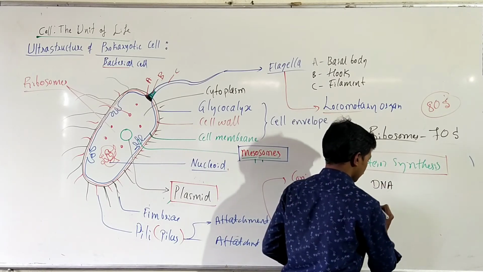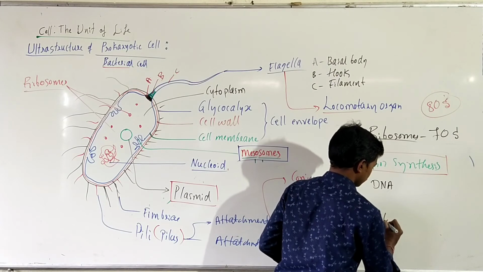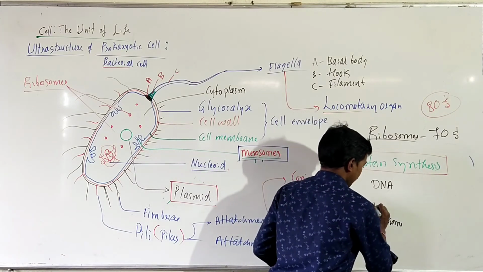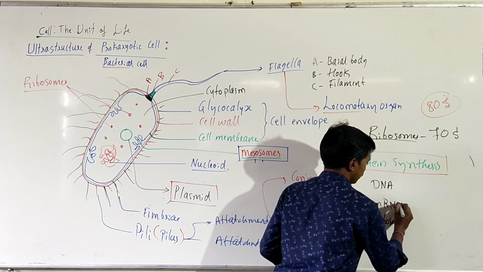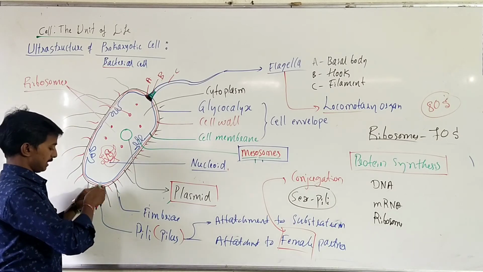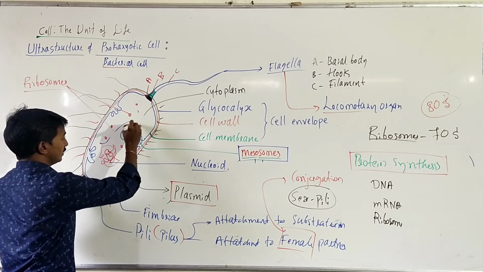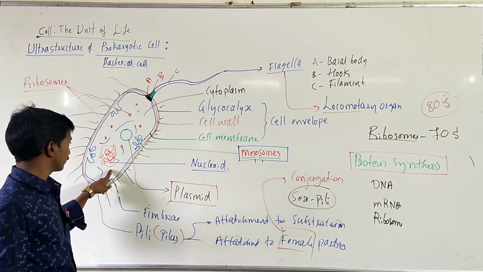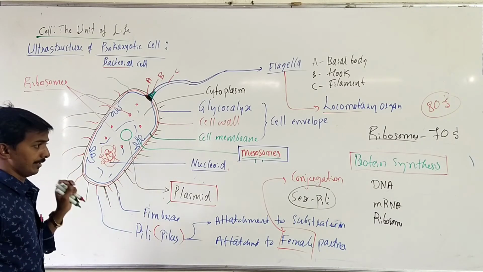Okay, we have ribosomes, and one more thing we need, that is mRNA. The RNA is present inside the cytoplasm, as the DNA undergoes transcription to form the RNA.